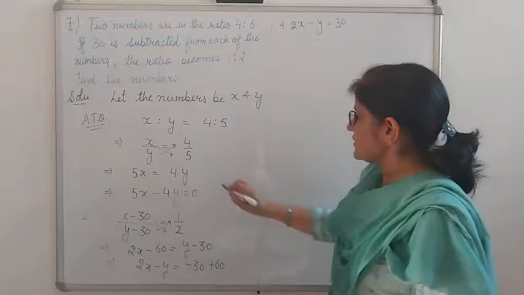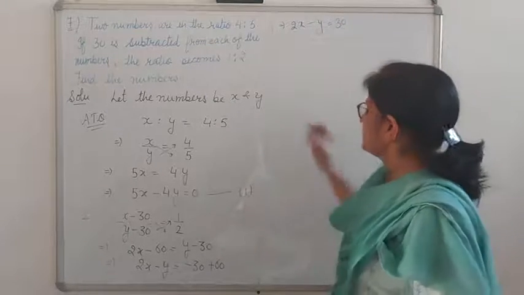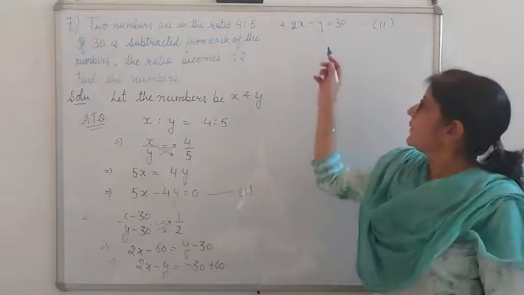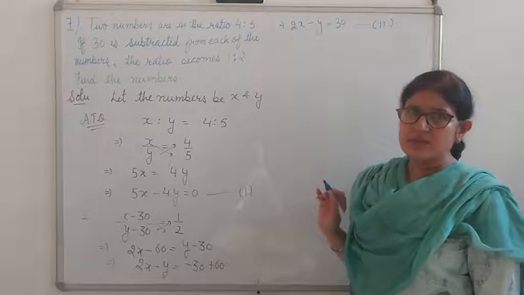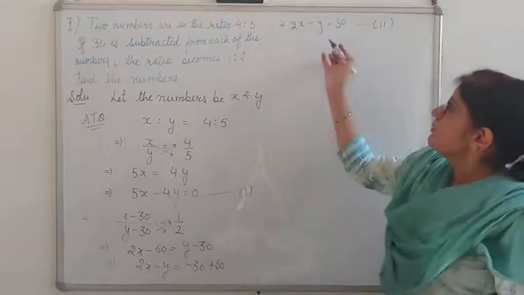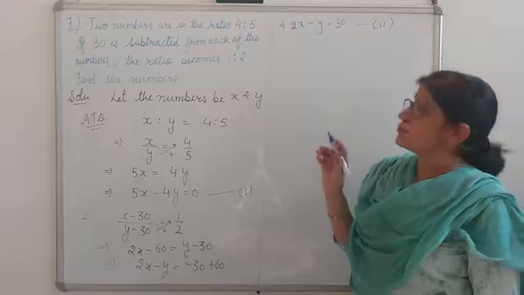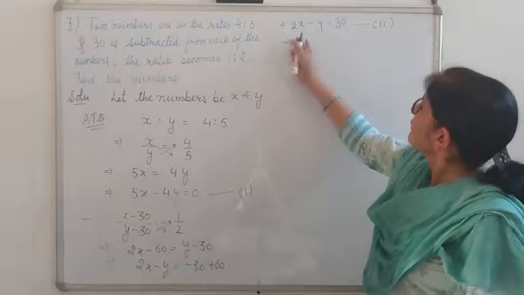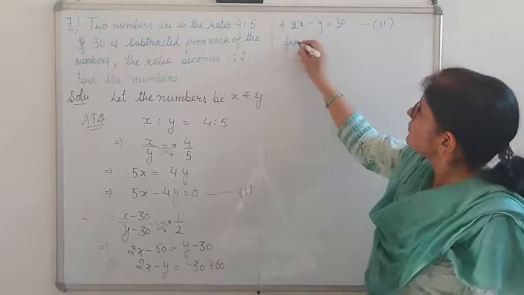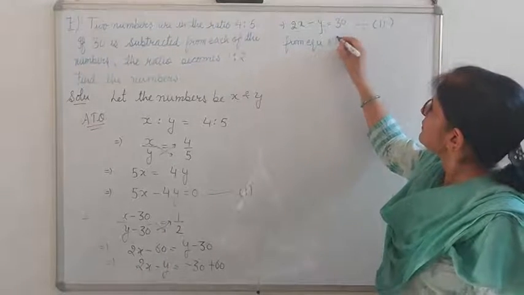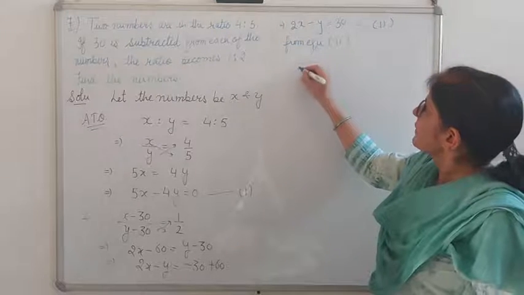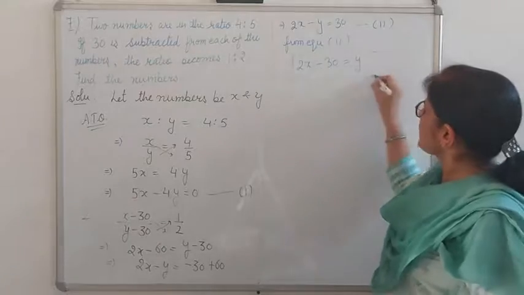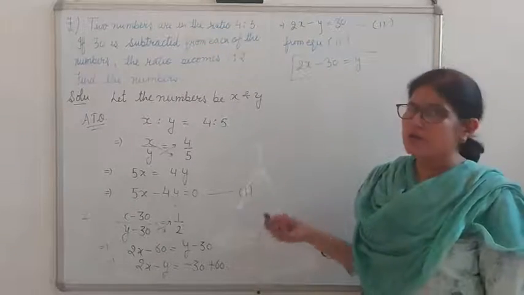Now this is the first equation and this is the second. There are two methods. You compare the coefficients, make them equal and subtract or add. Otherwise, you can go by the substitution method. How to apply it here? From equation 2, what is y? 2x minus 30 is equal to y. So this you can substitute in the first and calculate.